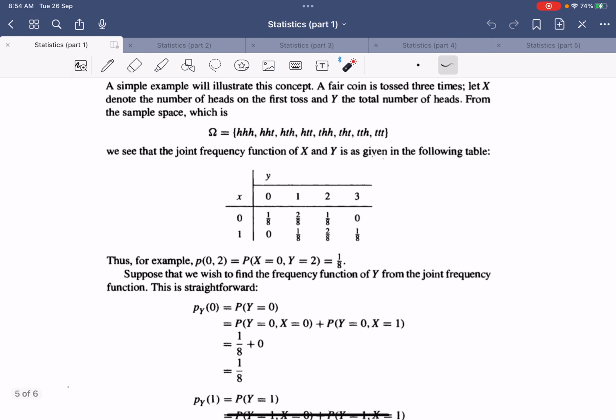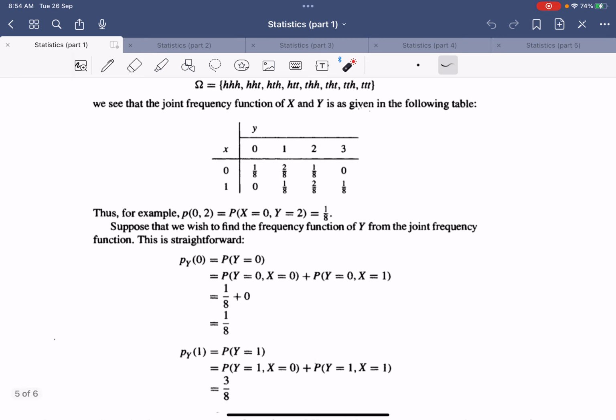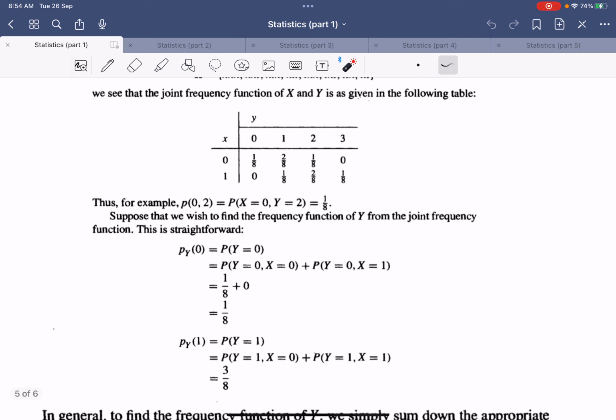Suppose we wish to find the frequency of Y from the joint frequency, it's very straightforward. Basically, there are two cases here, and by the law of total probability, you just need to add them up. So instead of splitting into two, you just combine them. So it's 1 over 8, 3 over 8, 3 over 8, and 1 over 8.